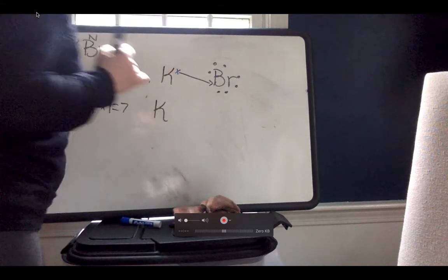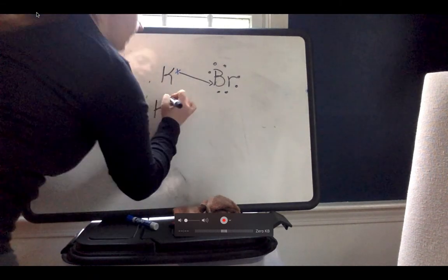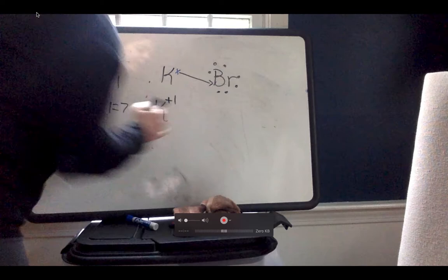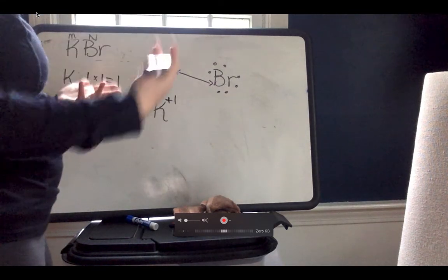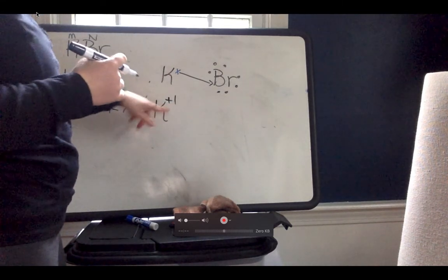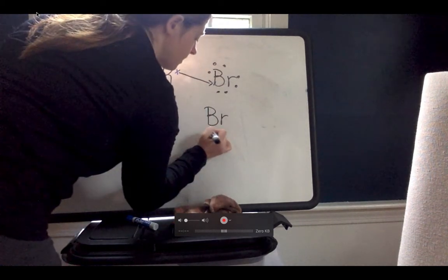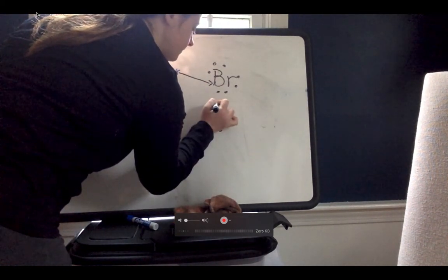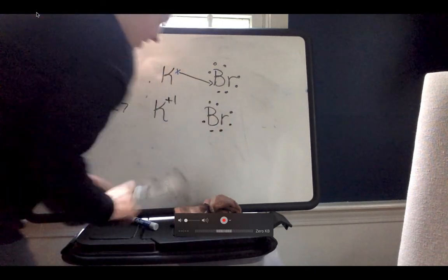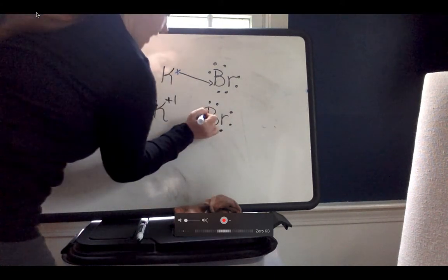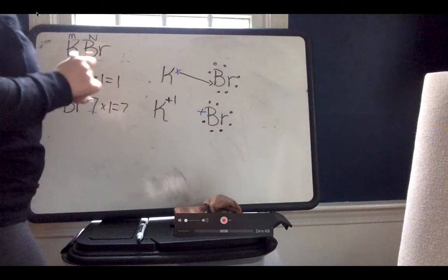So, since potassium lost 1, it's now going to have a +1 charge. Remember, when it loses electrons, it's actually positive. Now, bromine still had the 7 from before, but now bromine also has 1 more as well.